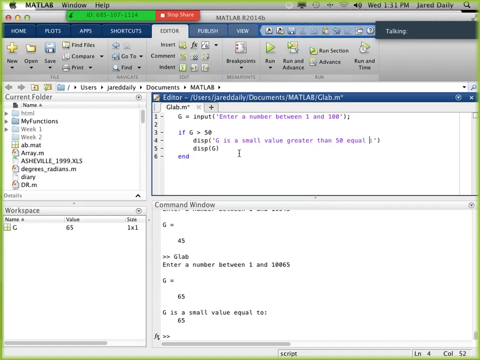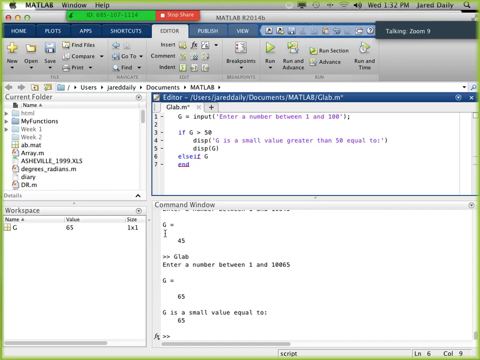Equal to whatever. But then there's another one that we can put in here, which is called the else if. And notice that it automatically puts it back with the if here in your formatting because it's another if structure.